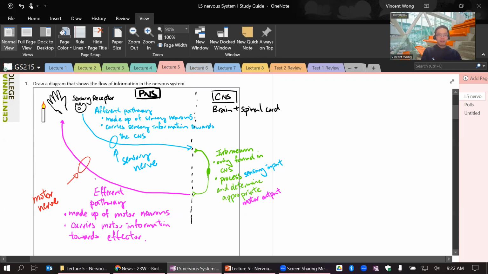So sometimes these paths can split and go towards another effector. It might go to your heart and cause your heart rate to go up. So it's not always just linear. It's a very complex system. But to break it down into a simple circuit helps us understand a little bit more.